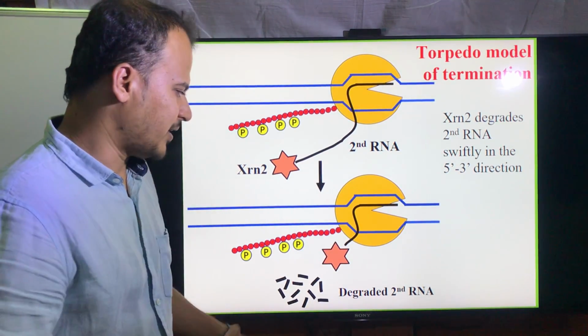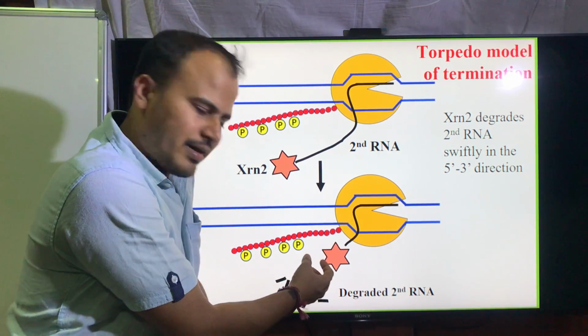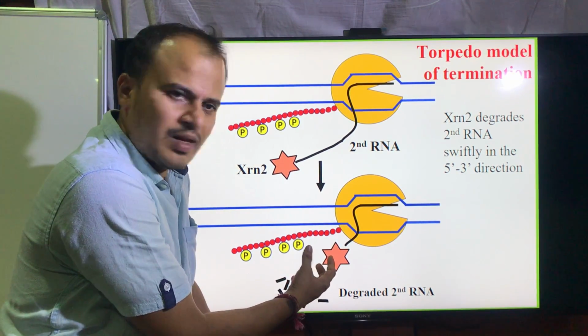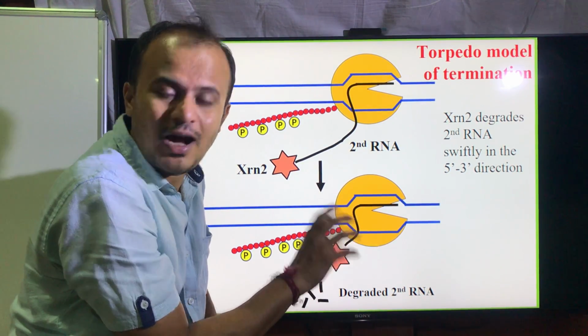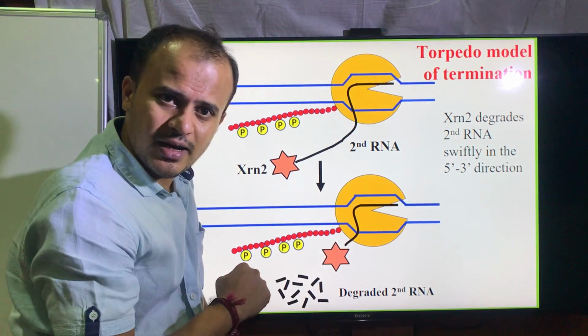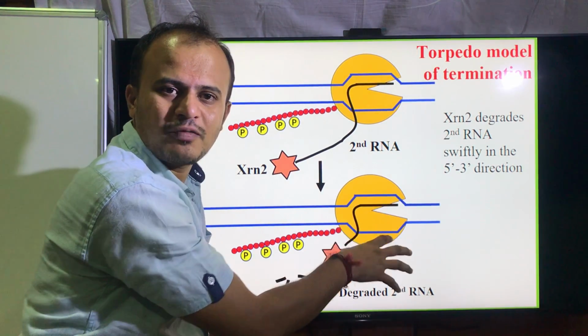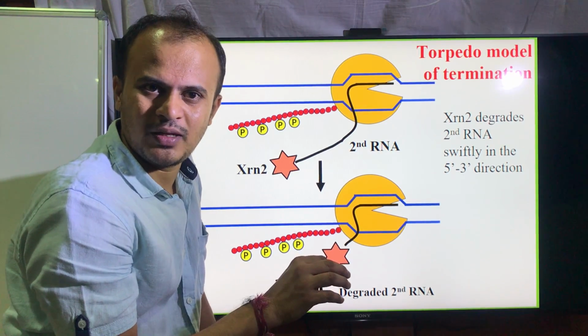It is believed that this XRN2 RNase either pushes the RNA polymerase out of the transcription bubble, or pulls the mRNA out of the transcription bubble to terminate the transcription.